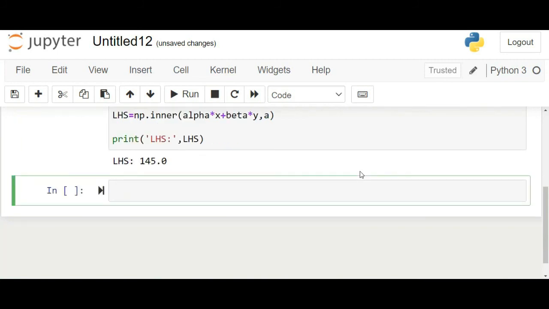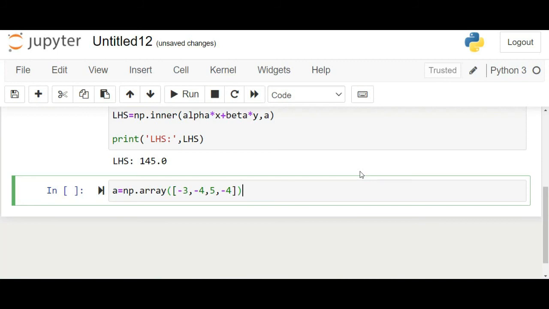The value of a is equal to np.array. Inside the parentheses we write square brackets and take the different values -3, -4, 5, and -4.